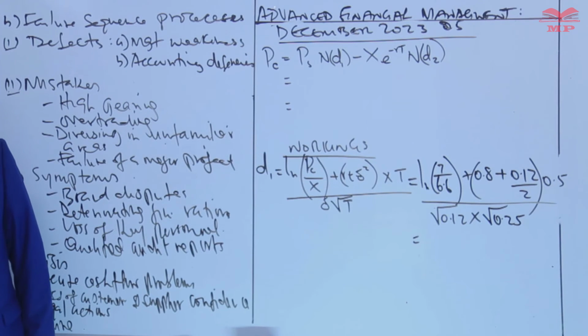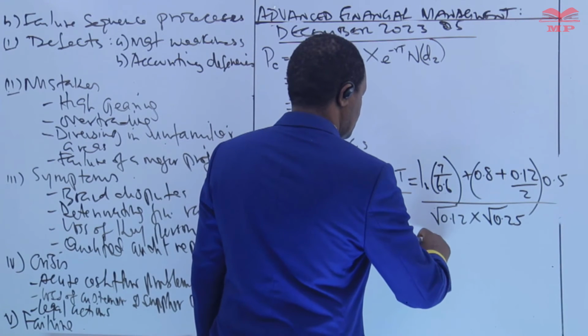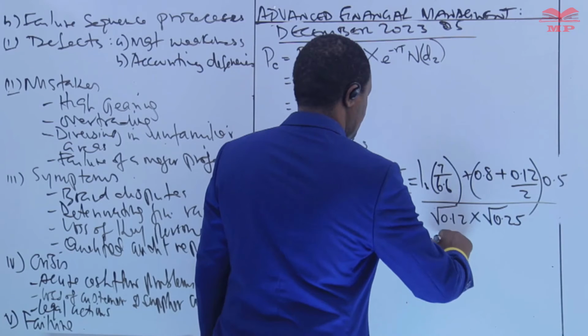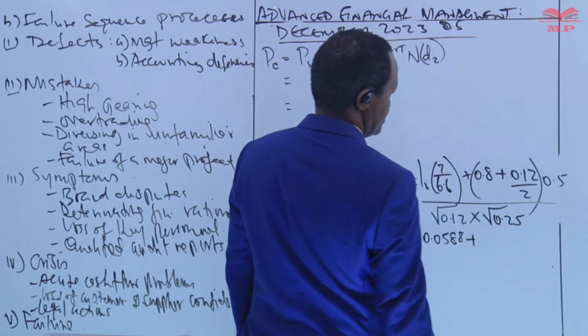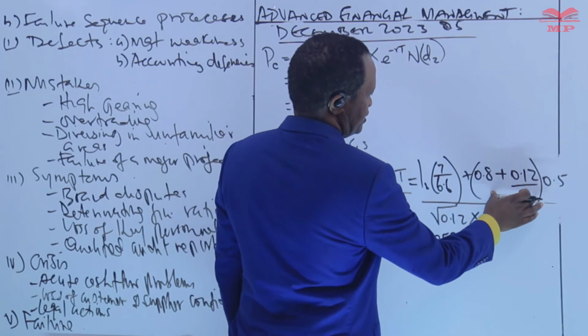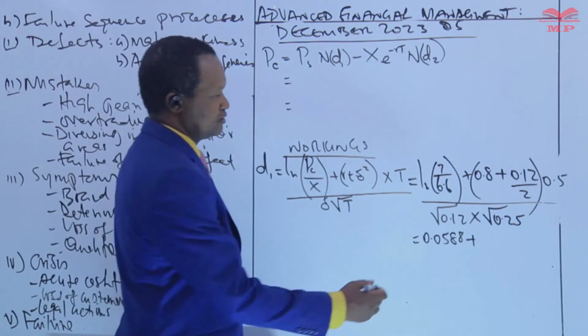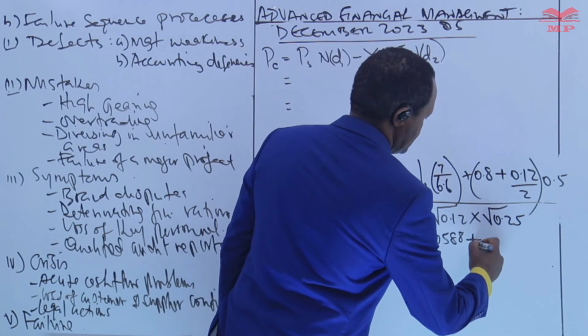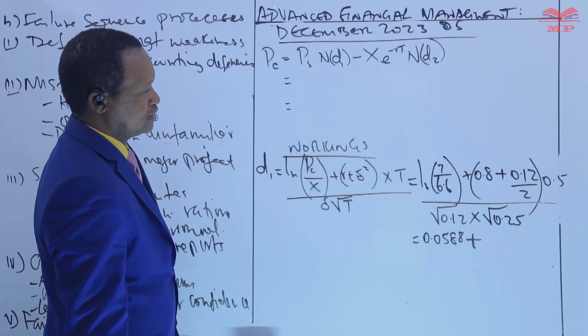Give me the natural log. 0.0588. 0.0588 plus, remove the bracket, remove this bracket, remove the bracket.